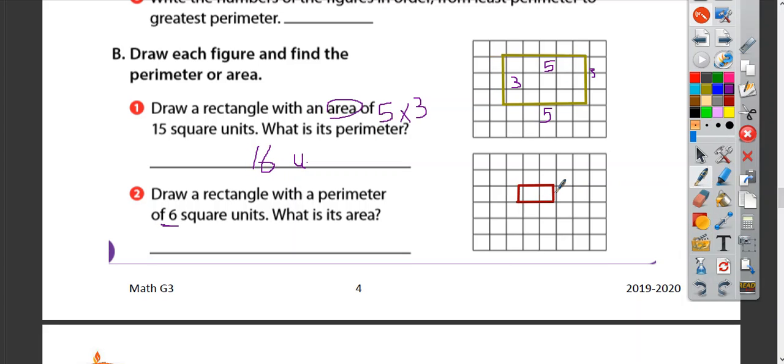Okay, what is the area of it? This is 1, this is 2. The area is 2 times 1, which is 2 square units. This is for this question. Now let's go to the next page.